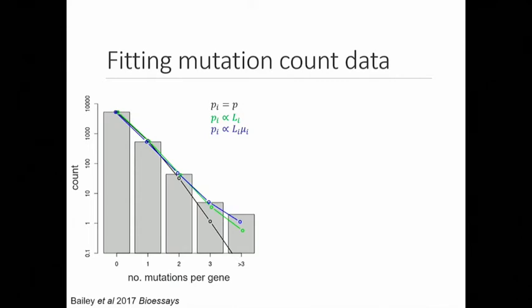What's that parameter? Like that parameter mu, right? Is that a free parameter, or is it something like CpGs or transition opportunities? So we're just fitting. We assume that the mutation rate follows some distribution, and we assume that it's a gamma distribution, and we just fit that to the data that are there.